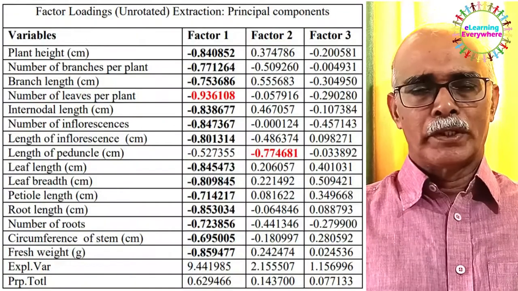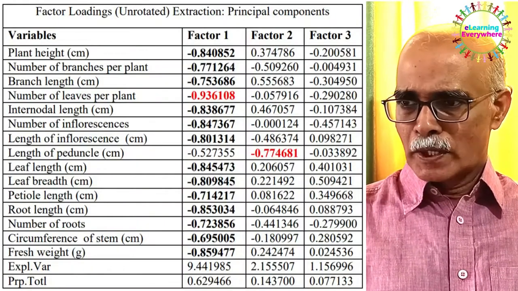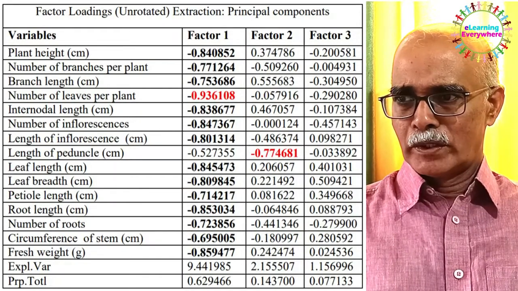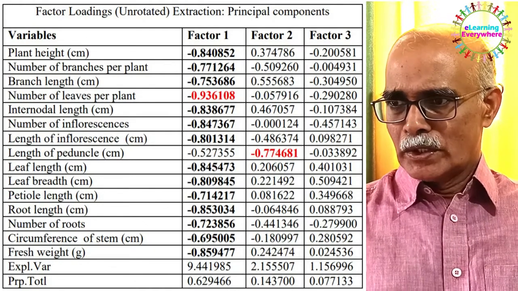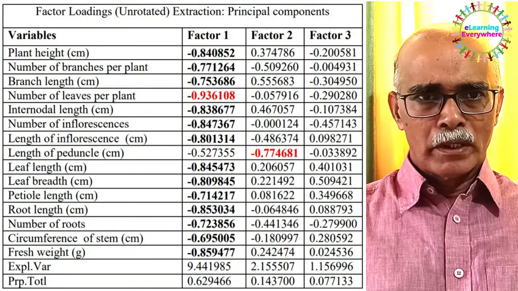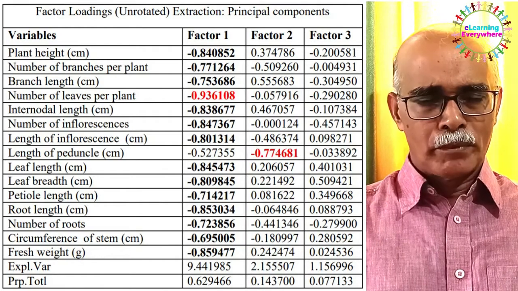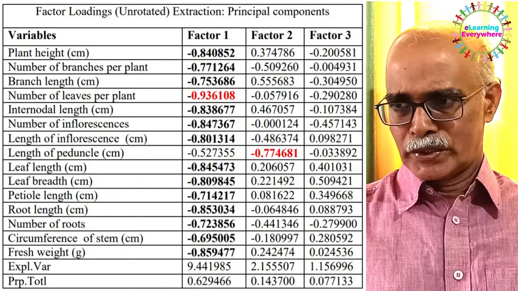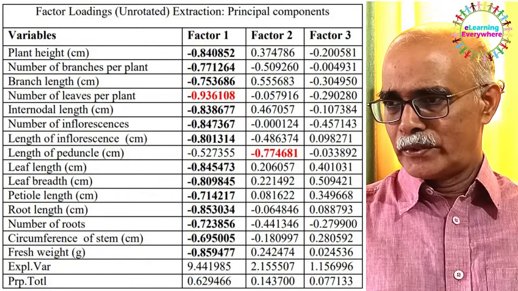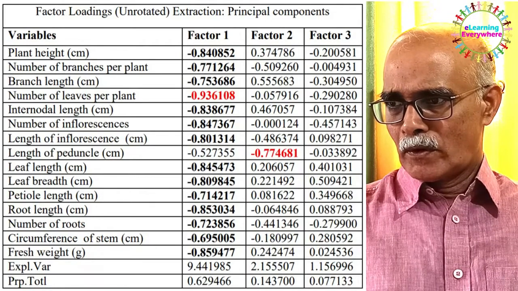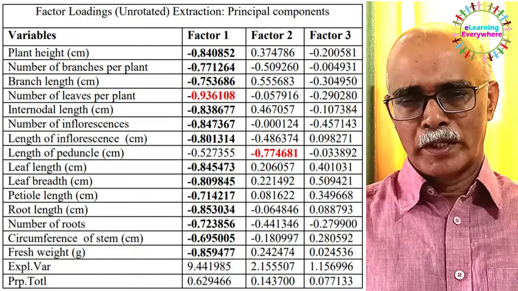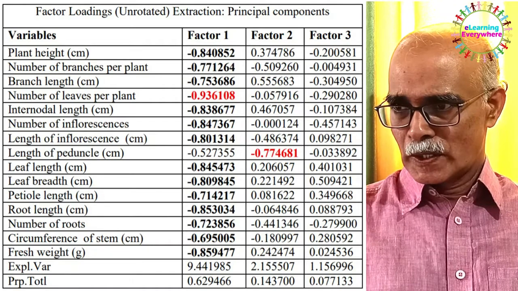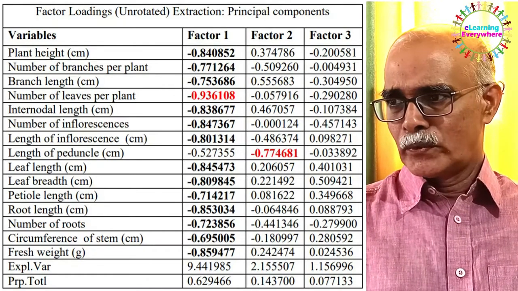The method is extraction of principal components, and when you are carrying out analysis of factor loadings, you can get a table of factor loadings in which the 15 variables are classified into, or the variance contributed by the 15 variables is classified into three factors: factor 1, factor 2, and factor 3.